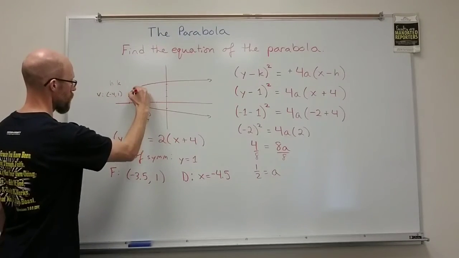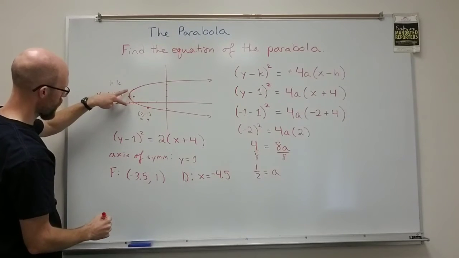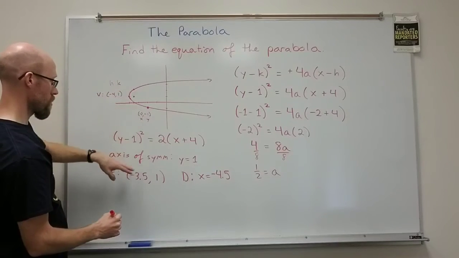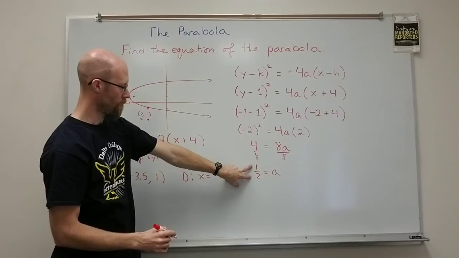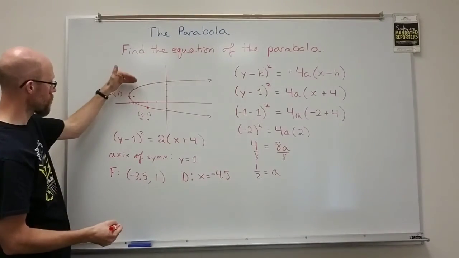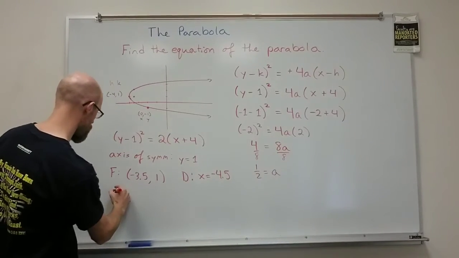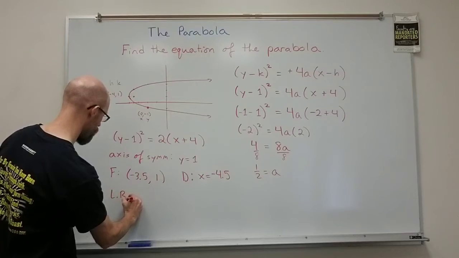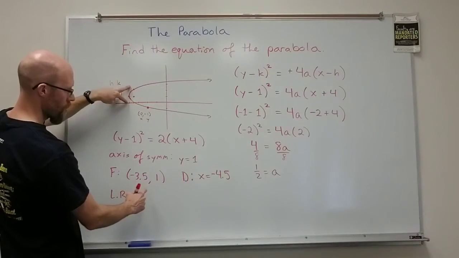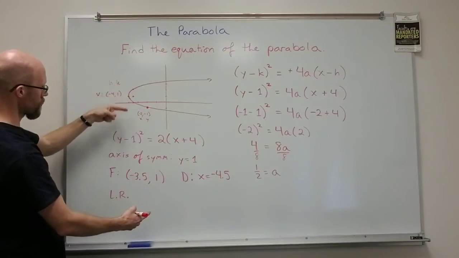And then of course, from that I could find the endpoints. If my focus is here, I could find the endpoints of the latus rectum as well. And I could find those simply by adding 2 a values and subtracting 2 a values from the focus. And so the latus rectum, I'll call it LR for short here, the endpoints of that would be, let's see, 2 times a half is 1, so I just add 1 and subtract 1.